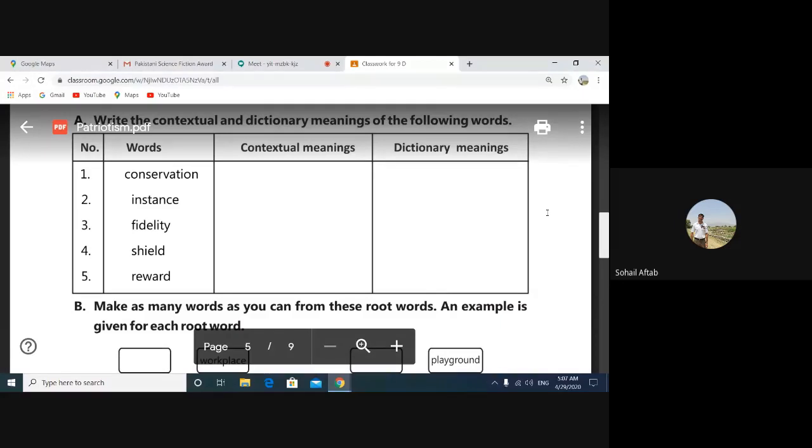Reward is a thing given in recognition of service. Sir, please repeat the dictionary meaning of shield. Shield is a broad piece of metal, a big piece of metal used to protect against the blow of a sword or any other weapon.